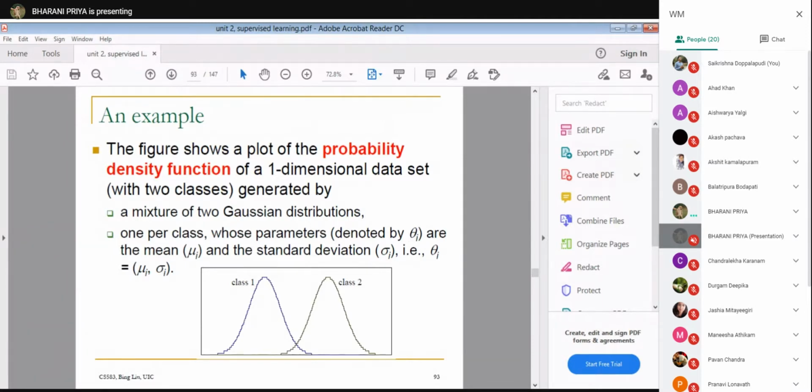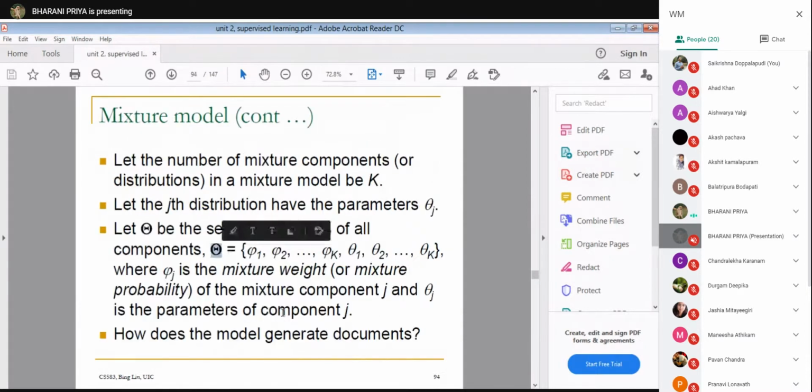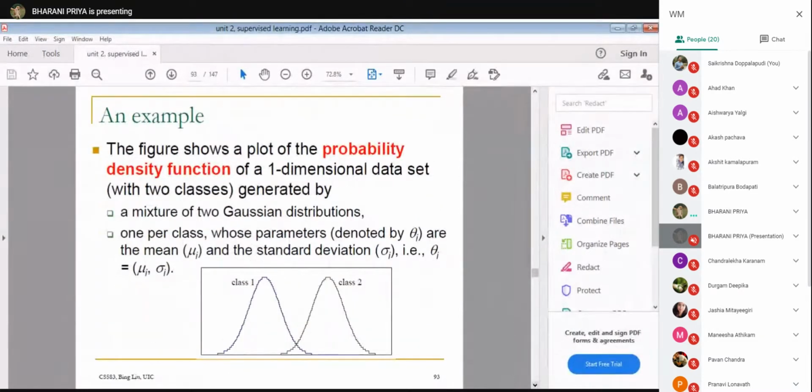What is this theta representation? And this is also theta, this symbol. One is big theta and another is small theta.